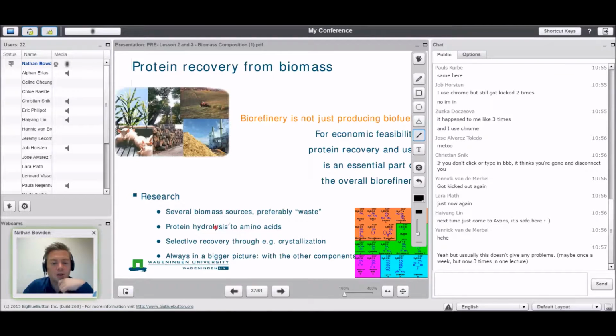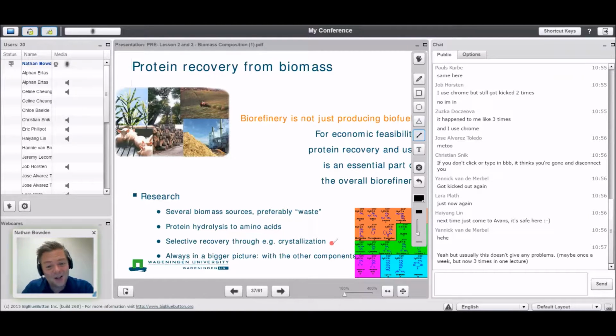Protein hydrolysis to amino acids. As I mentioned, proteins are made up of amino acids. You can actually break the connection between the amino acids, and this is a large part of my research. Most of my research is on proteins, amino acids, and the hydrolysis of proteins. It's the new line people are focusing on. Selective recovery through crystallization.